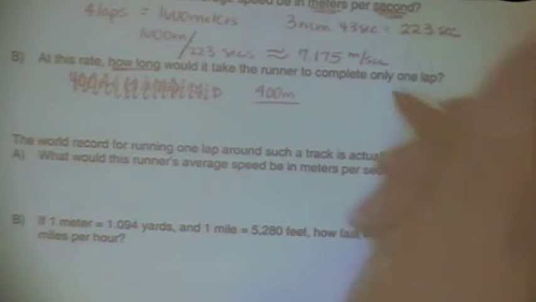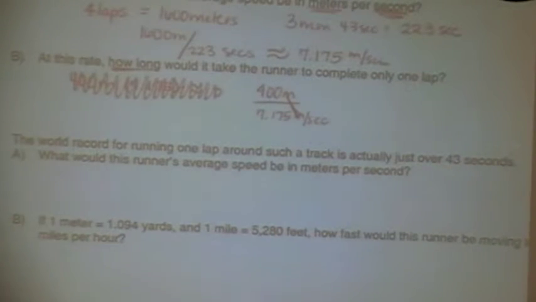If I have 400 meters and divide by 7.175 meters per second, meters cancel and leave just seconds. It helps you figure out what you need to do in the process. And you get 55.749 seconds.